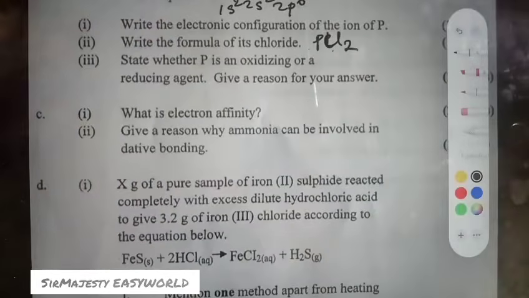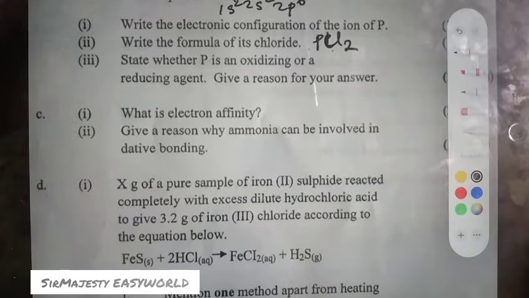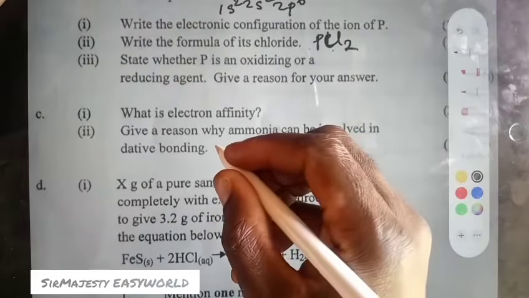What is electron affinity? Electron affinity is actually the energy change when one mole of gaseous atoms acquires one mole of electrons. That is the energy change that accompanies the addition of an electron to an atom. The energy change that accompanies the gain of an electron is what we call electron affinity. Give reasons why ammonia can be involved in dative bonding. Simple, because of the presence of a lone pair.